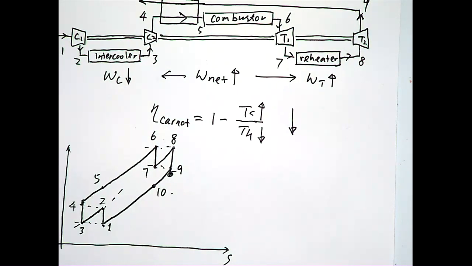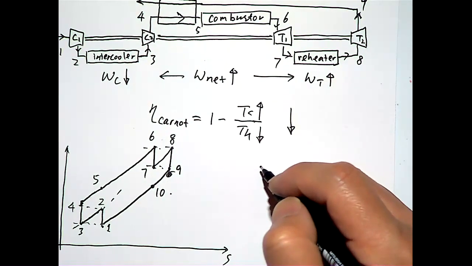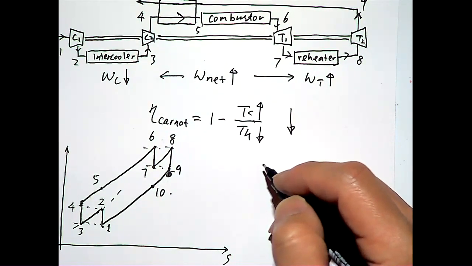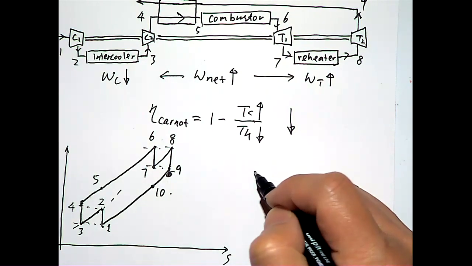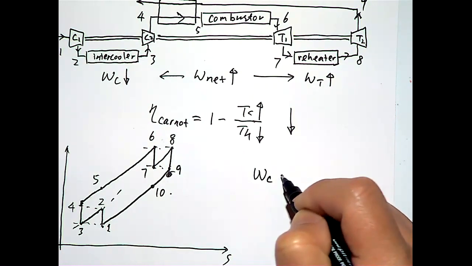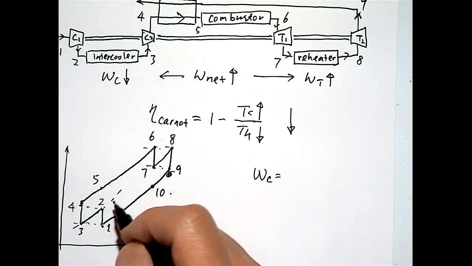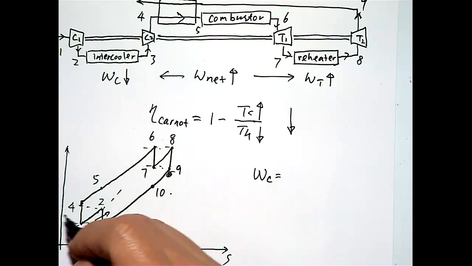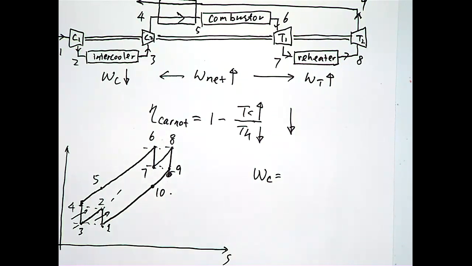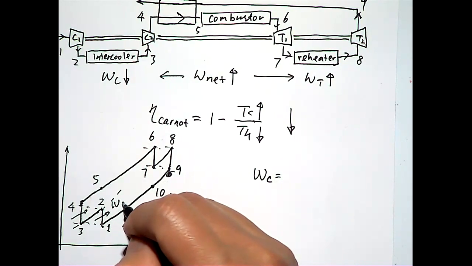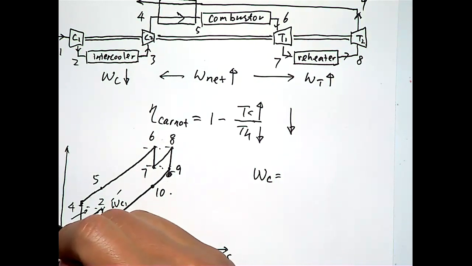All right. So in this process, if we want to calculate the efficiency, there are a few terms we want to determine first. In terms of the compressor work, the compressor does work here and here: WC1 and WC2.